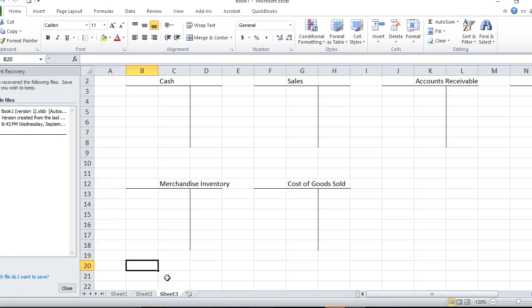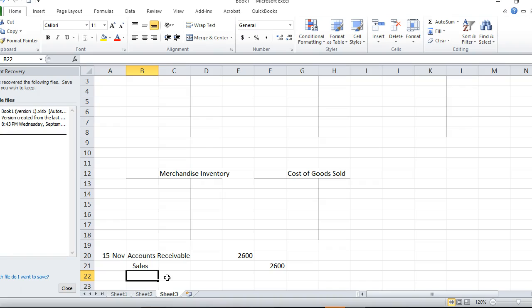The journal entry would be a debit to accounts receivable, right? This is November 15th. Accounts receivable would be how much? $2,600. And the credit would be, what would the credit be? Sales for $2,600, right?